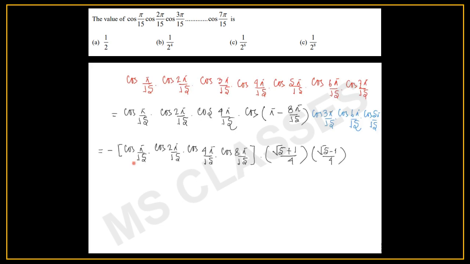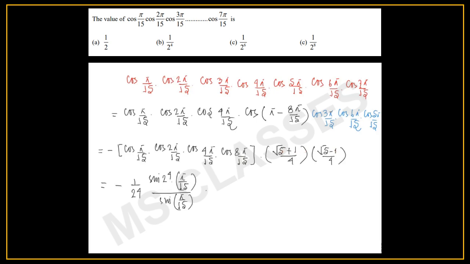Now this is of the format cos a, cos 2a, cos 2 square a, cos 2 cube a. So here we can just apply the formula and we can reduce this and we can write 2 to the power of 4 sine of 2 to the power of 4 pi by 15 whole by sine pi by 15, into this one we can say a plus b into a minus b.